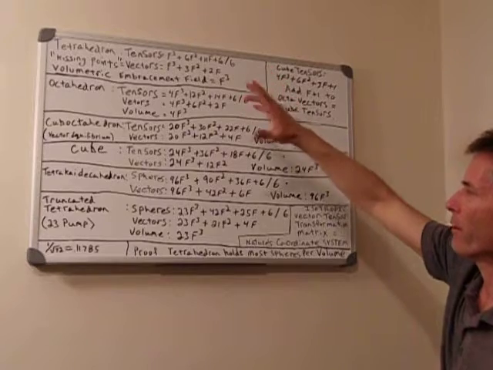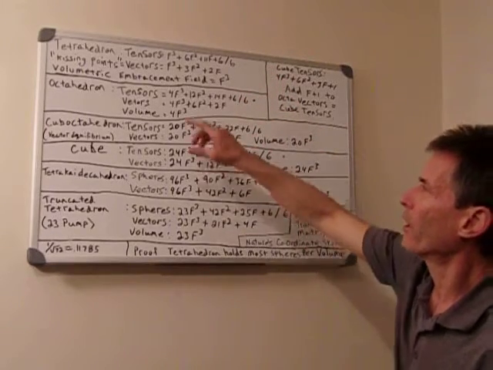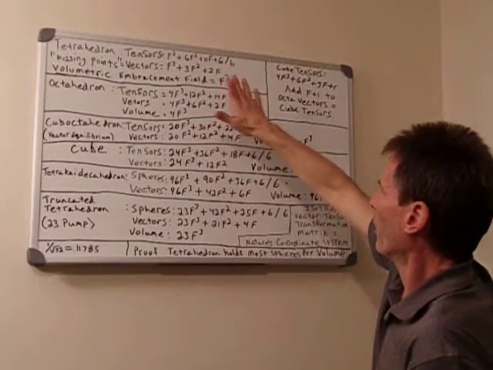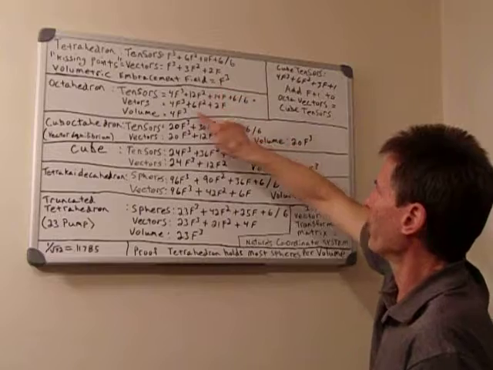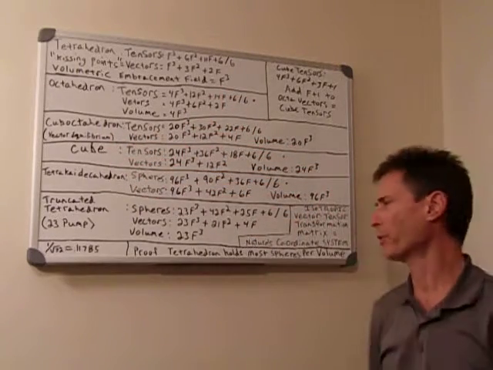These tensional and vector components create volumetric embracement fields of frequency to the third power and their variations for the different shapes.